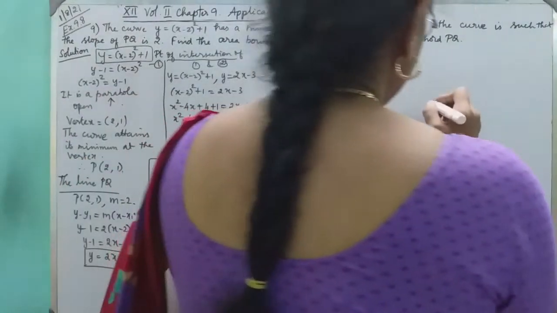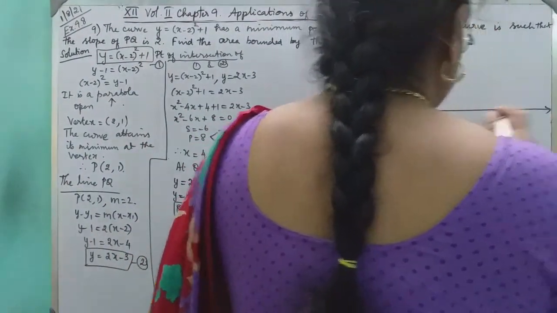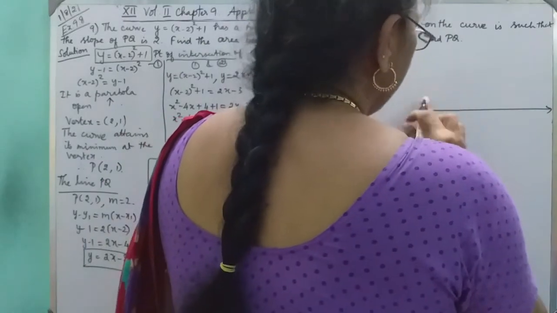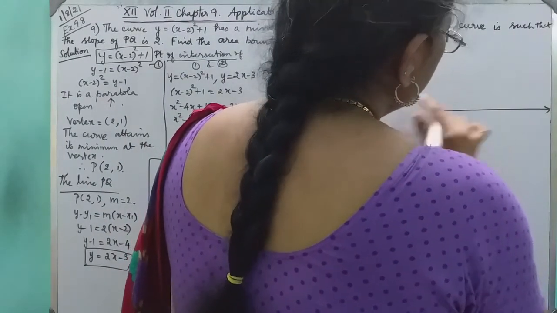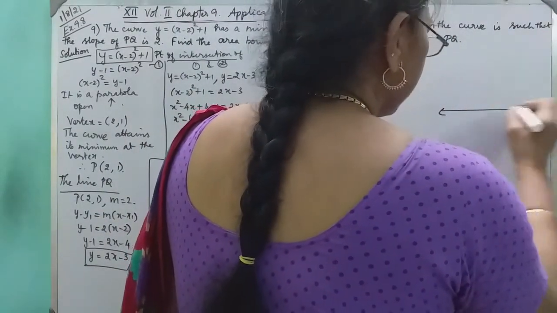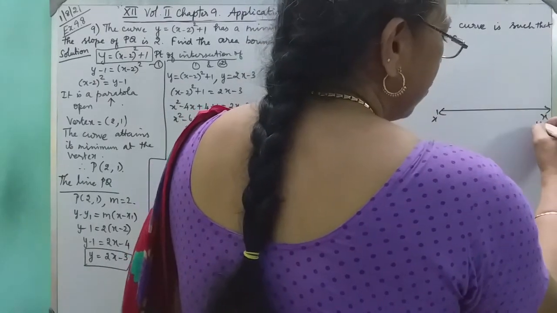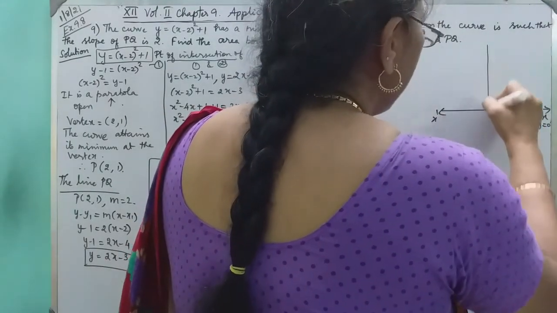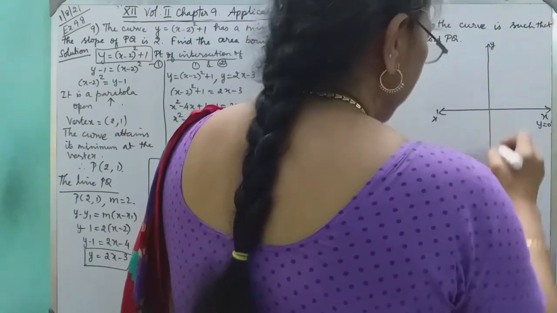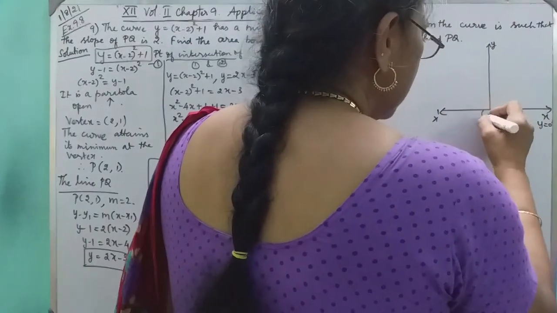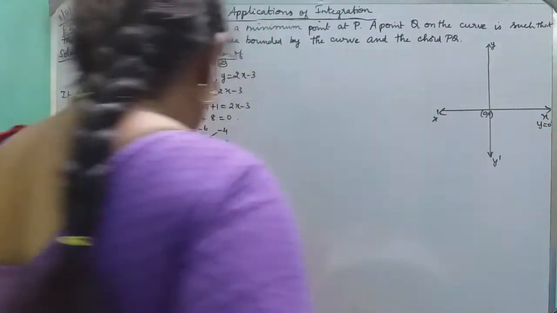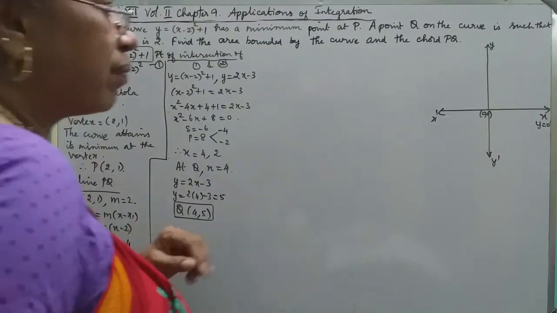So now let us see. This is the x-axis, x dash. Equation is y equal to 0. Draw the y-axis, y dash. This is the origin. We need the point (4, 5).